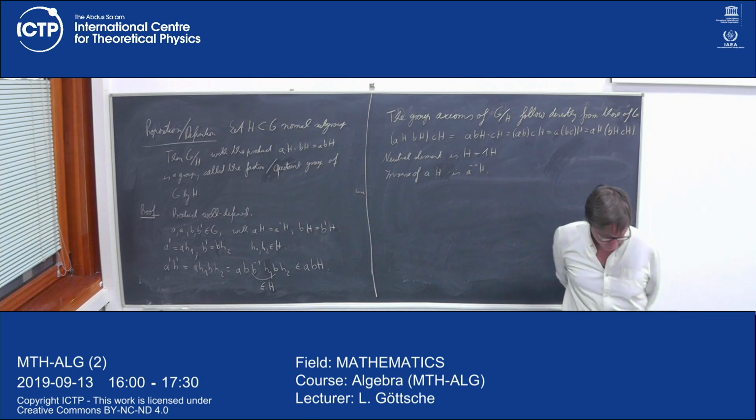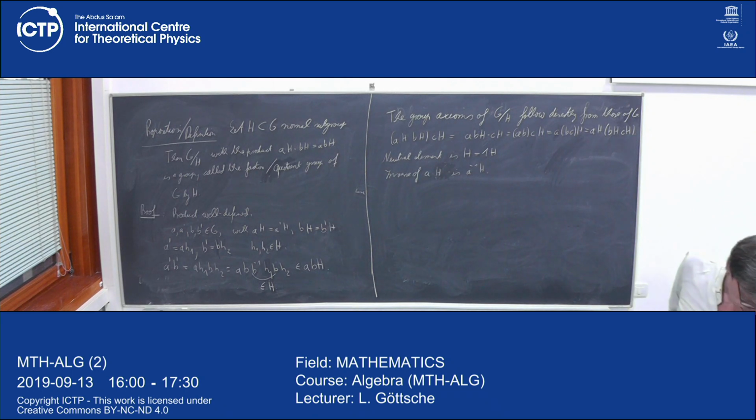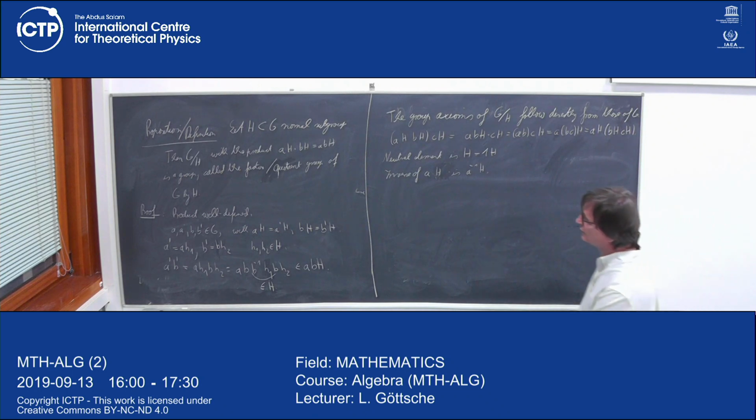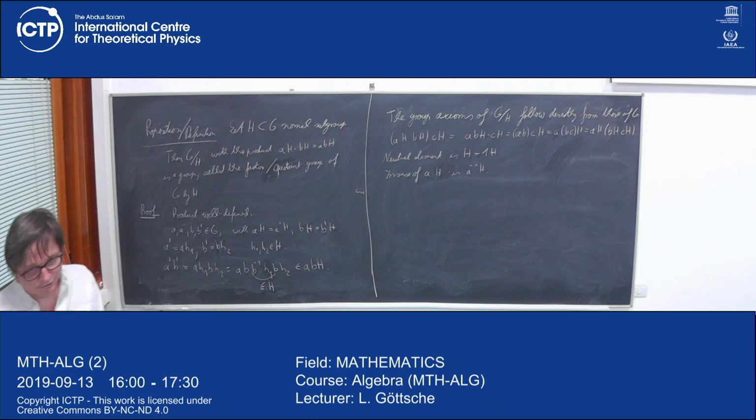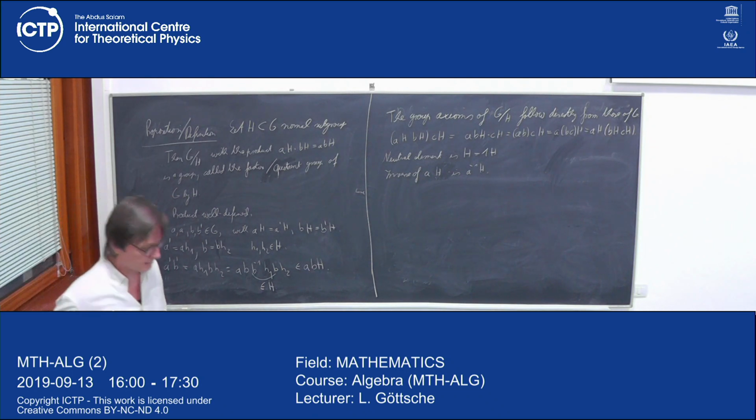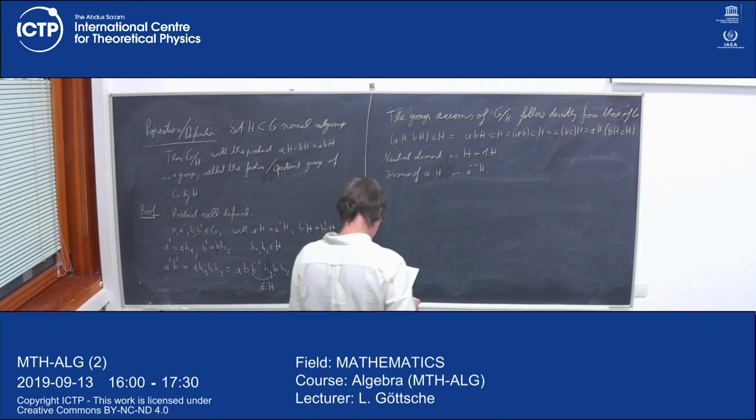So like for vector spaces you have linear maps, for topological spaces you have continuous maps and things like that, and usually these are the main tools for studying these objects. And so for groups, the only structure that we have is this multiplication, so the homomorphism will be a map between groups which respects the multiplication.